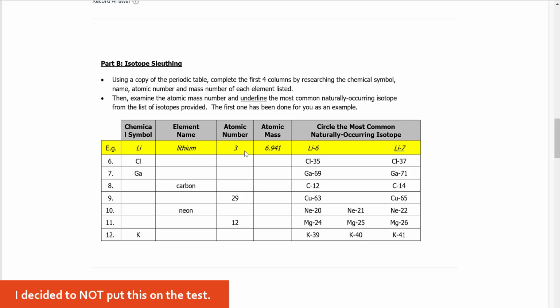So, for example, the average atomic mass for lithium is 6.941. There are 2 isotopes for lithium. This average atomic mass is closer to 7 than it is 6. So that would mean that lithium-7 is the most abundant isotope of this element.